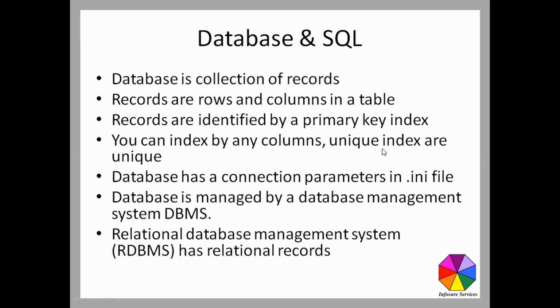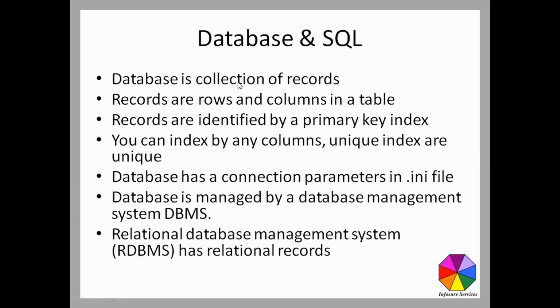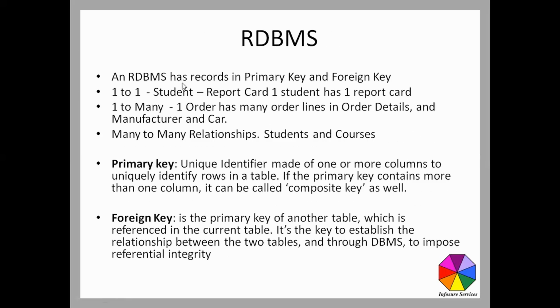So when there are two tables related to each other with a common column, we have a structure which forms a relational database management system. So we'll see. And RDBMS, shortly called the Relational Database Management System, has relational records.